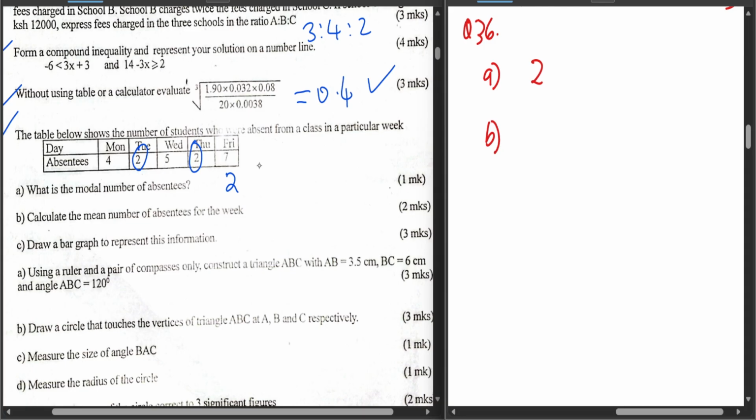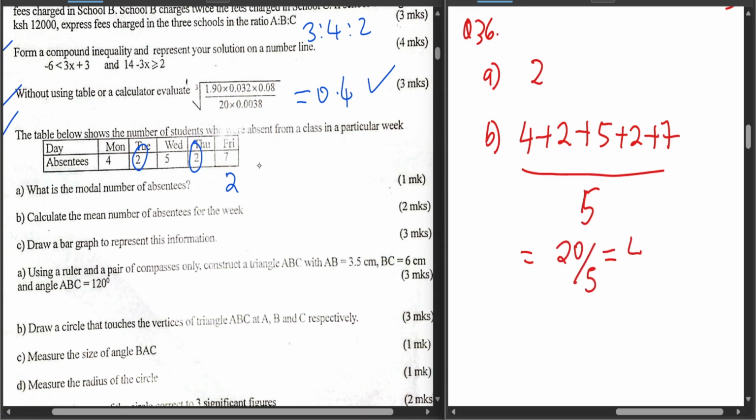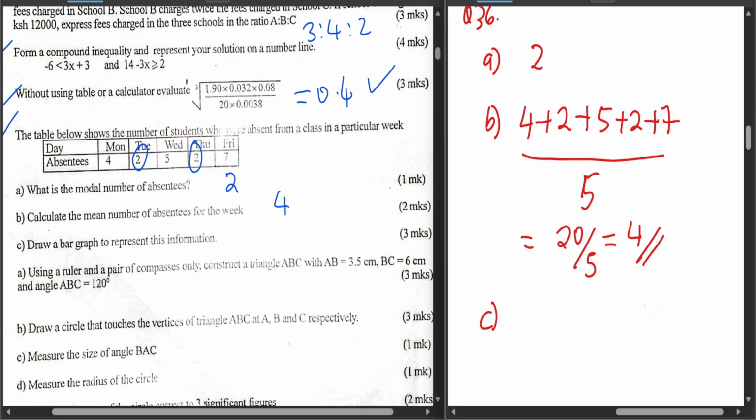We take the total from Monday to Friday, 4 plus 2 plus 5 plus 2 plus 7, and divide by the number of days, which is 5 days, because from Monday to Friday those are just 5 days. That gives you 20, and 20 divided by 5 gives you 4. So the mean is 4.